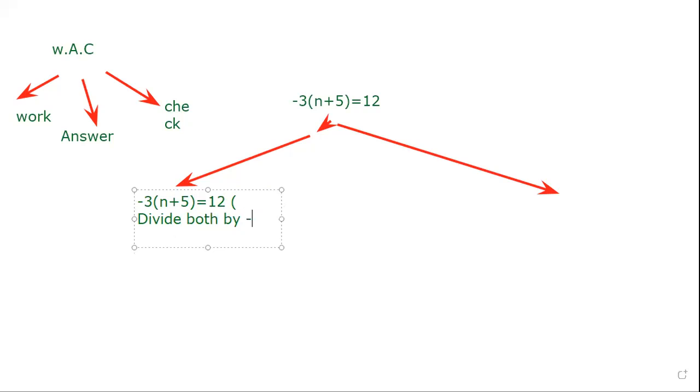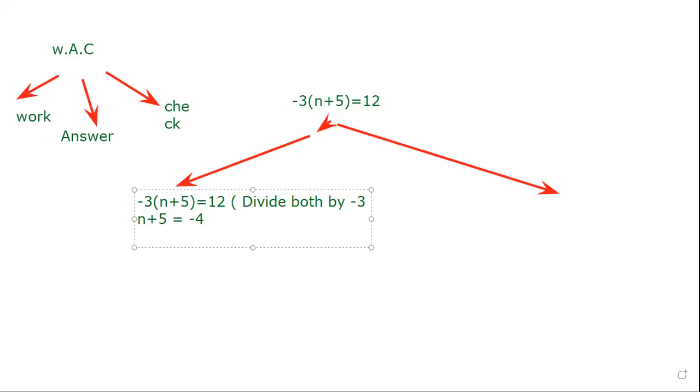I will divide both sides by -3 from the first step. Then -3 divided by -3, then the next answer, it will be what? n plus 5 equal 12 divided by -3 equal how many? -4.